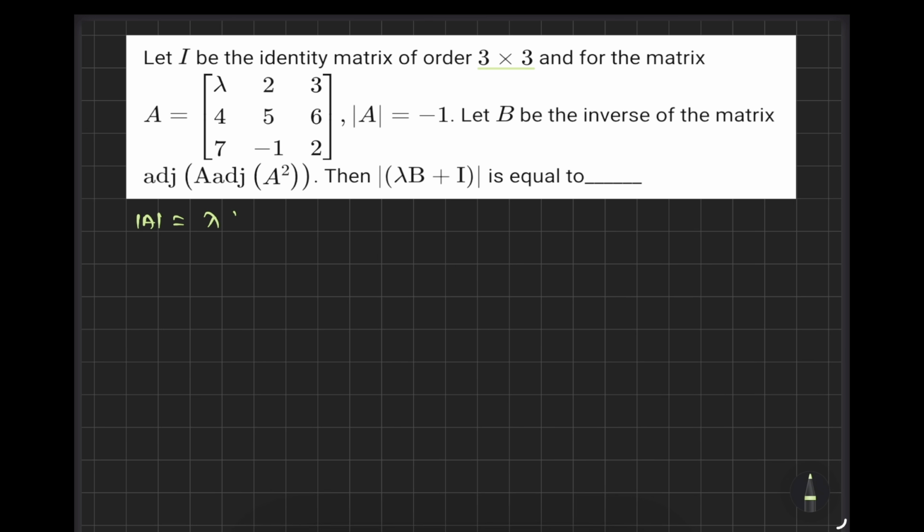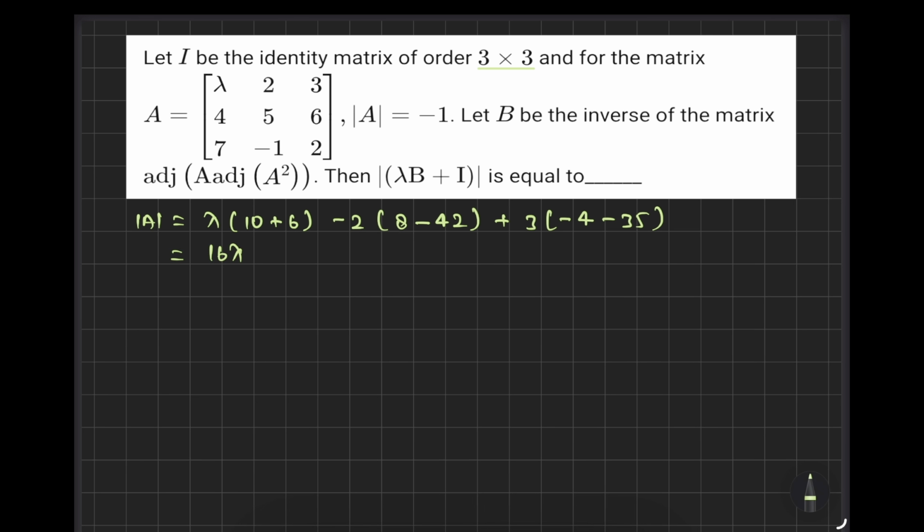So, it is lambda times 10 plus 6, minus 2 times 8 42, plus 3 times minus 4 minus 35. Let's simplify things.